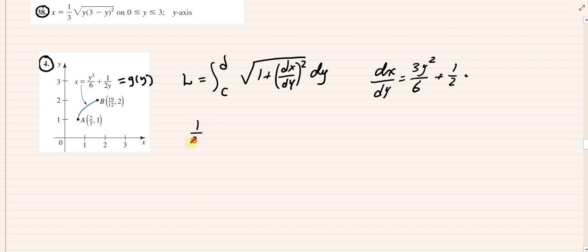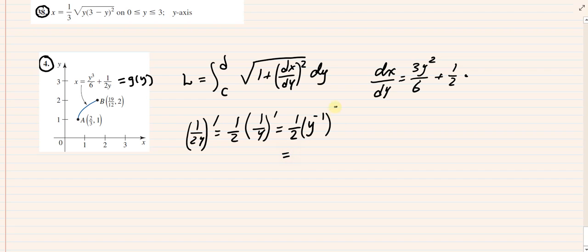The derivative of 1/2 times 1 over y, and 1 over y is y to the negative 1, so the derivative is 1/2 times negative 1 times y to the negative 2, which becomes negative 1 over 2y squared. That's what I'm going to write.